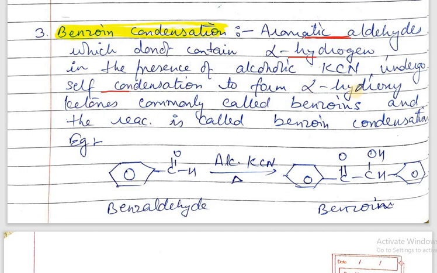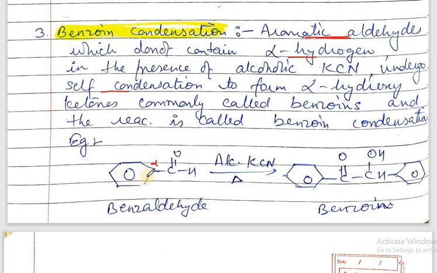to form alpha hydroxy ketones, commonly called benzoins. And this reaction is called benzoin condensation. In this, the aromatic aldehyde with no alpha hydrogen is benzaldehyde. This is the alpha carbon, and it has no hydrogen attached to it because one bond is this 1, 2, 3, and the fourth is satisfied by this double bond.